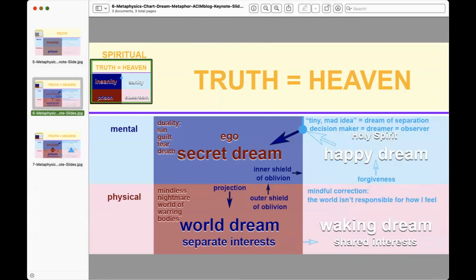Okay. So here, not looking would be listening to ego. When we're not looking, we're buying ego's propaganda that says, don't look at that secret dream. Just look at the world dream and get fixated on that. And then that becomes huge, and the secret dream kind of shrinks, as another slide tried to depict. So not looking is basically saying, I don't have any interest in getting back into my mind, because that's where that sin, guilt, fear stuff is.